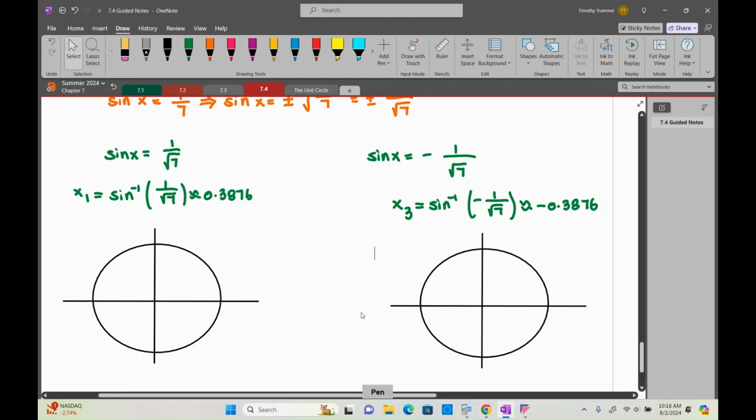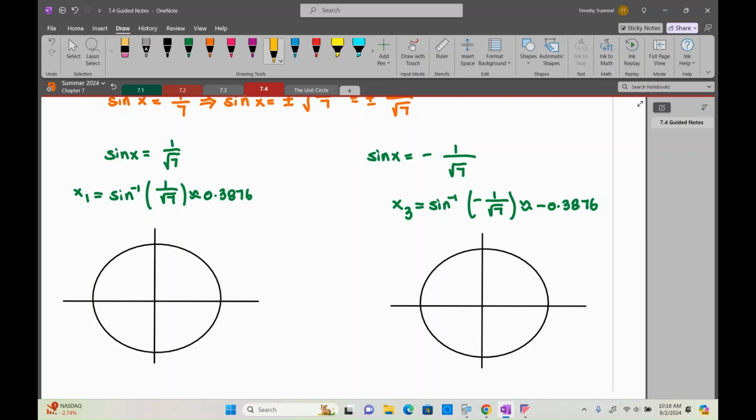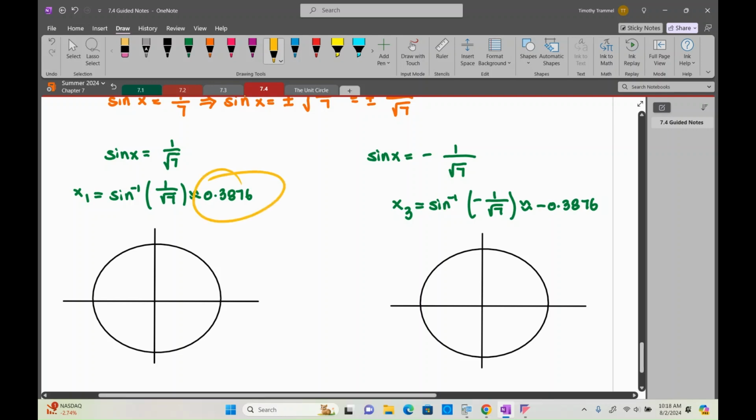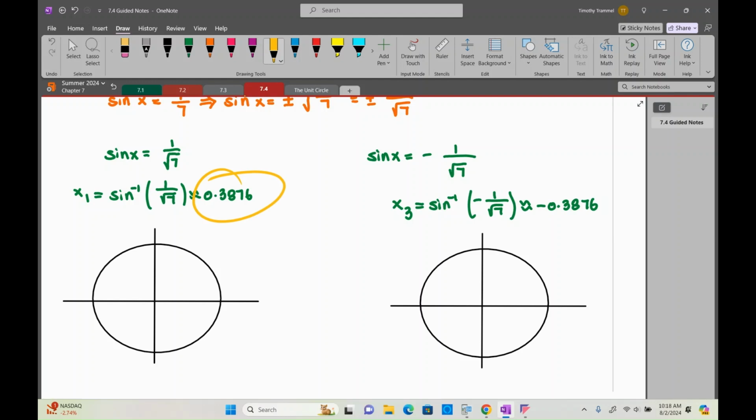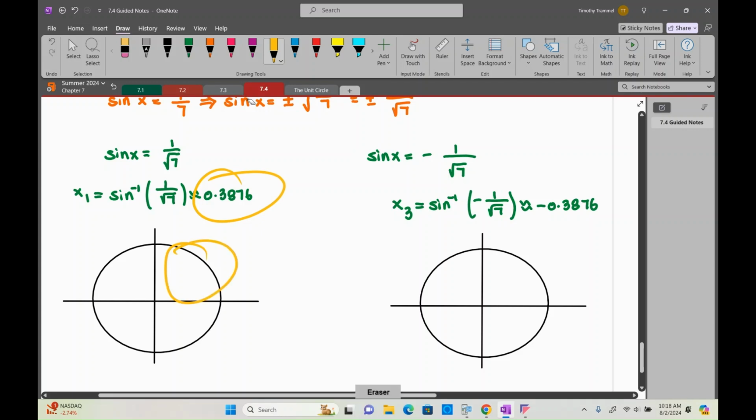This is a number that is less than pi over 2. But also, when we talk about sine inverse, it can only give us angles in quadrants 1 or 4. And if sine of x is equal to a positive, it means that the angle we're looking for is going to be in quadrant 1 here.